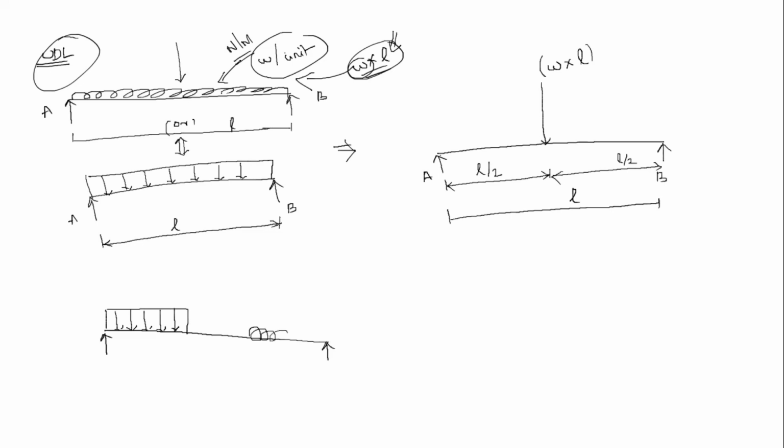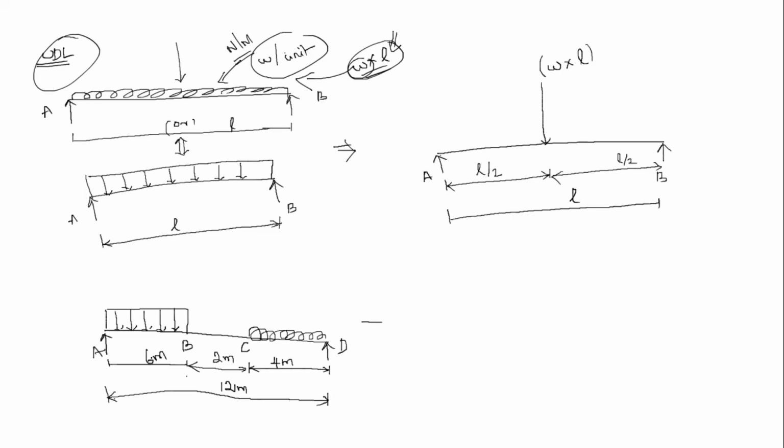From this point, the distance is 4 meter, and this one is 6 meter, and the distance between this is 2 meter. So this is point A, B, C, D. So 4 points are there. So the total length between the supports is 6 plus 4, 10, 12 meter.